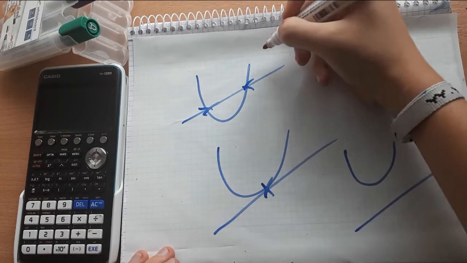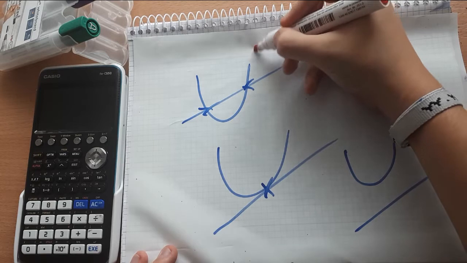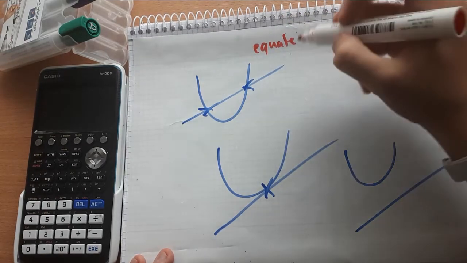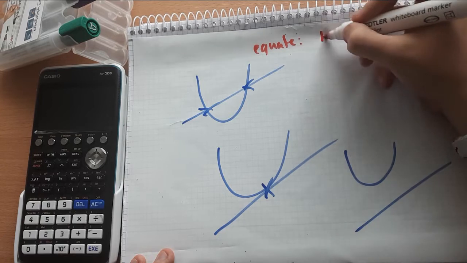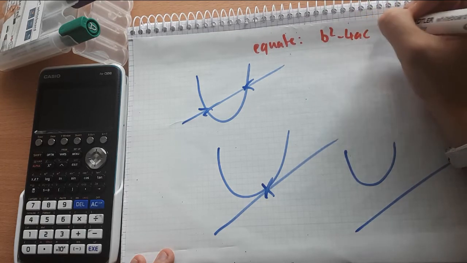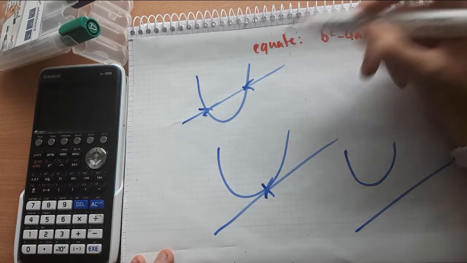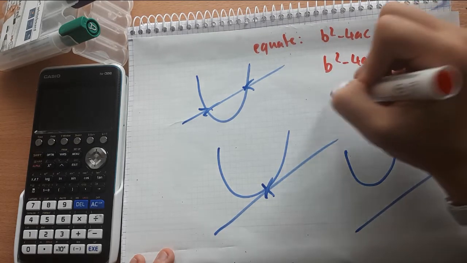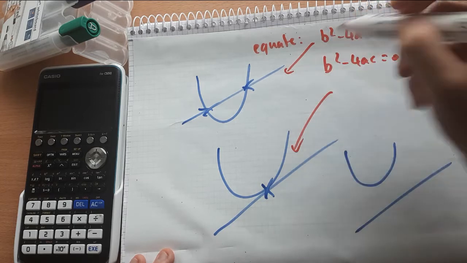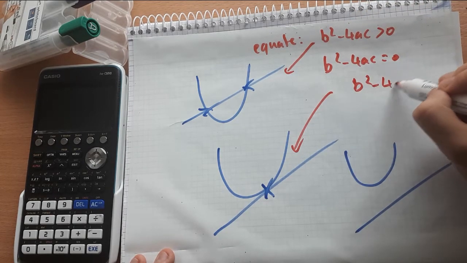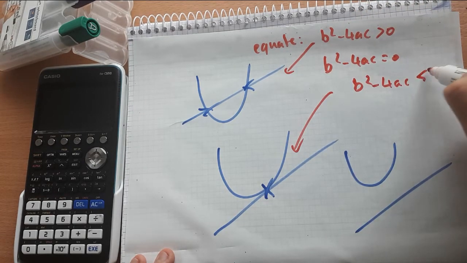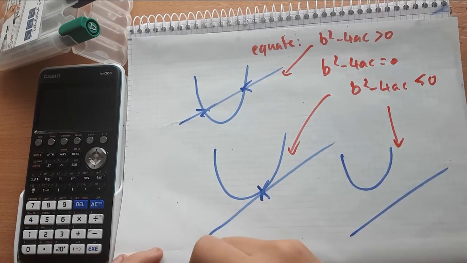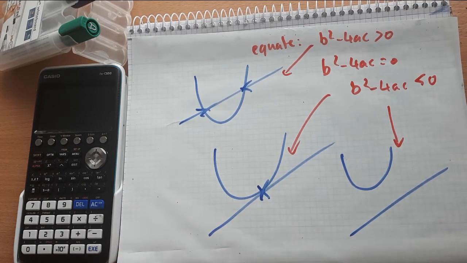This will happen whenever you equate, so equate, that's your first step, and then b squared minus 4ac is greater than 0, you'll get this. b squared minus 4ac equals 0, you'll get this. And b squared minus 4ac is less than 0, you get this. So it's pretty much the exact same as the other one.